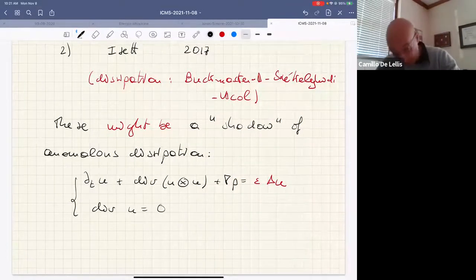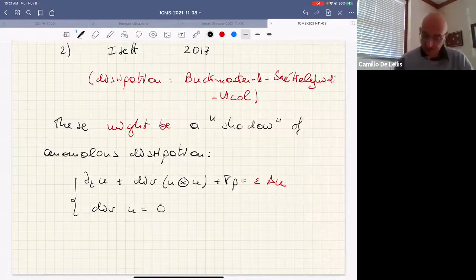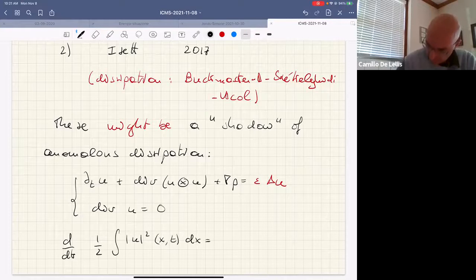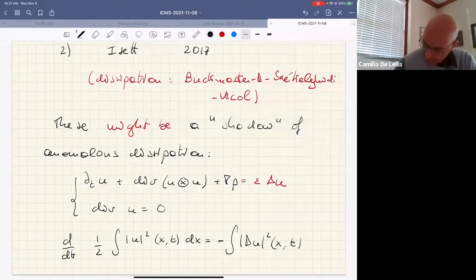and if you have a smooth solution, the global kinetic energy identity actually becomes the following law. But with an epsilon in front, of course.